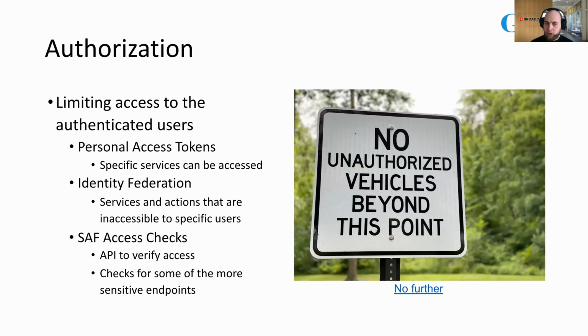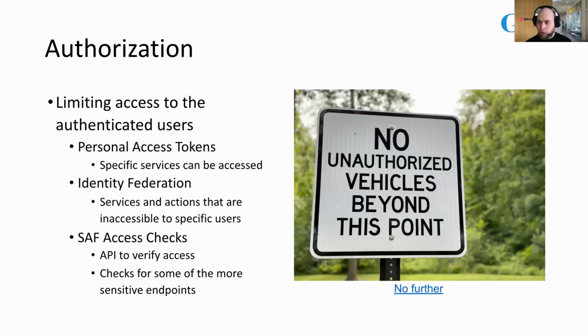Identity federation, this is about linking to the distributed identity providers via OIDC and keeping in mind the information and the access rights that are part of the OIDC providers. Apart from that, the last part is self-access checks.